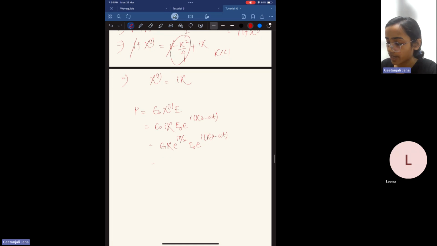So that means we have the term epsilon naught k E0 e to the power i(kz minus omega t plus pi by 2). So here we can also see there is a phase difference between the polarization and the electric field that we have earlier.